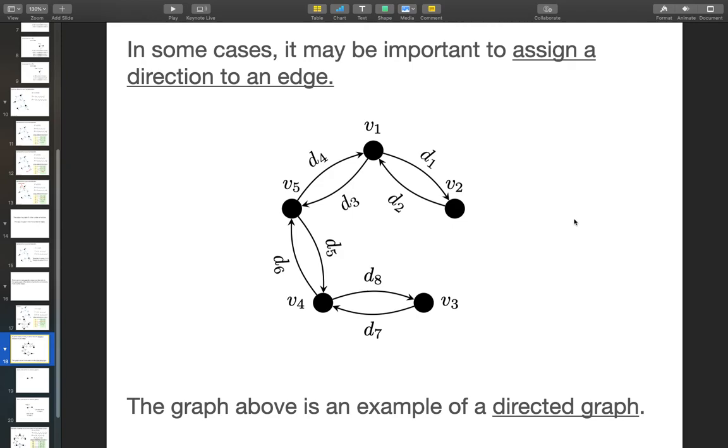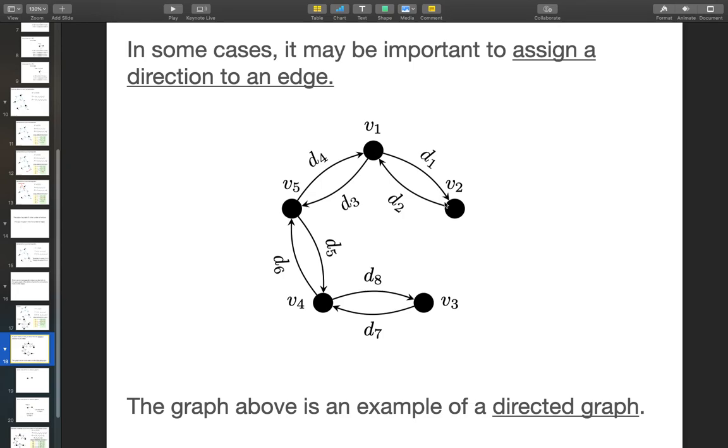Pwede mo yung i-represent via a directed edge. So here we have an example of a graph with the edges having direction. So, imbis na line lang yung edge, yung representation ng edge, magiging na siyang arrow. No? Mayroong tail at mayroong head.